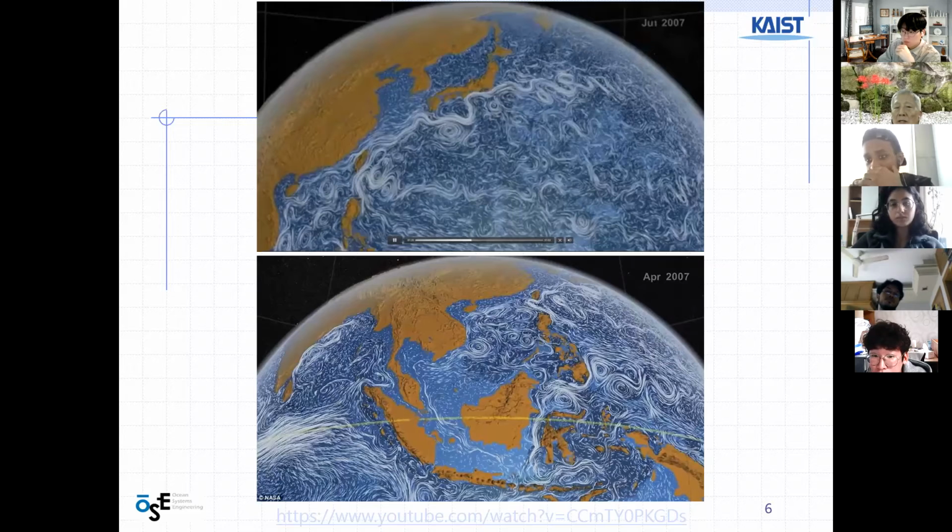You can do it by stitching the many photos coming from satellite images. So it is interesting to see the motion of the current of the big ocean.